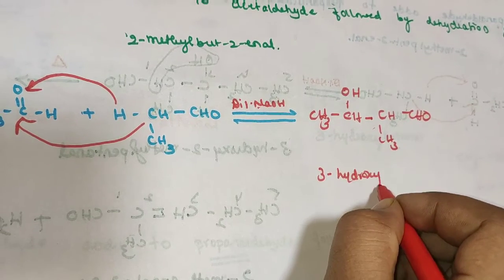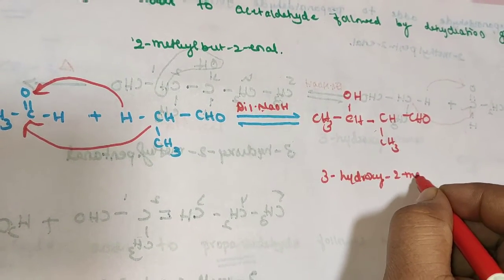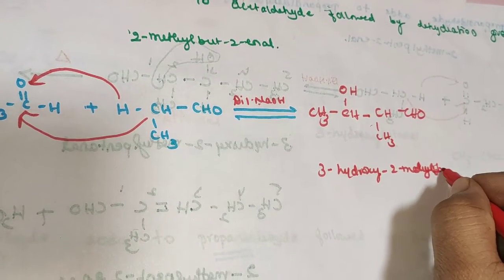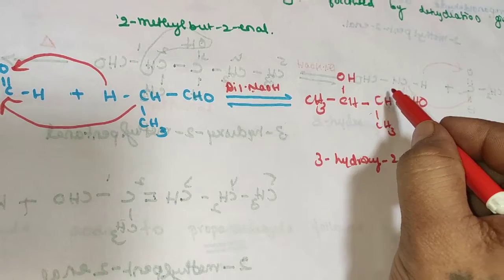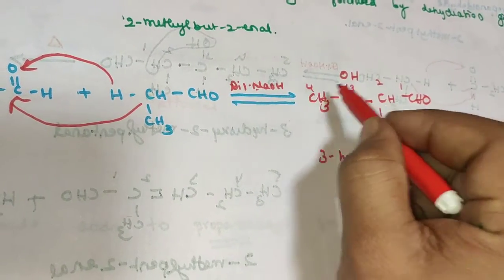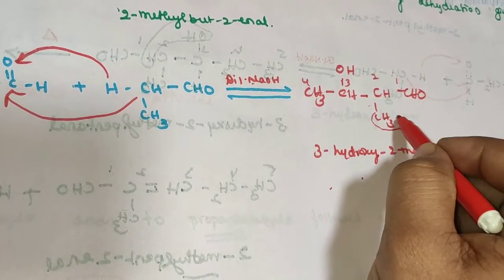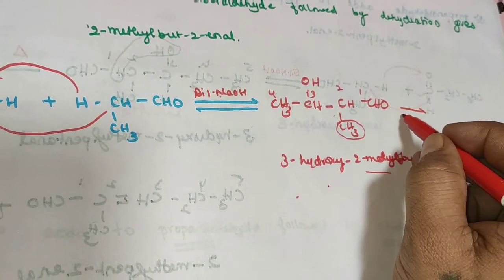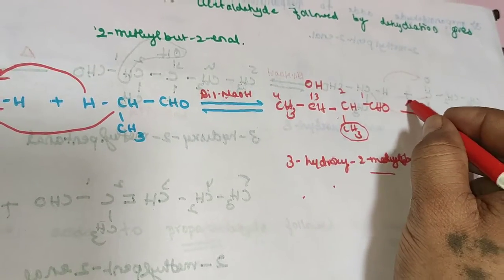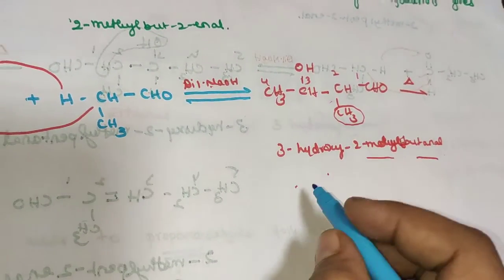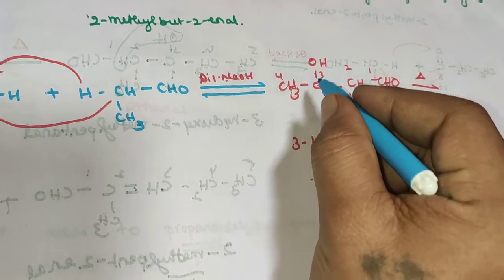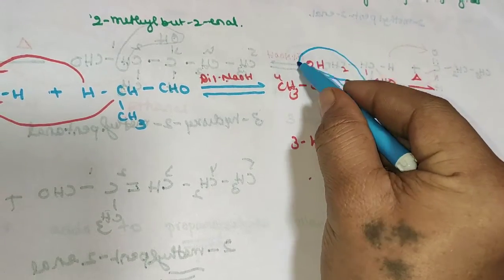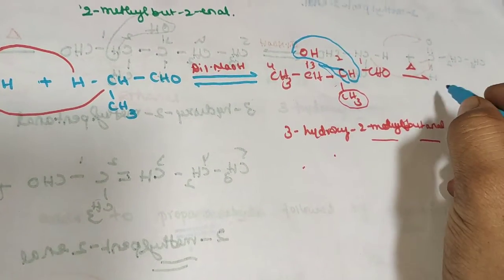So this is known as 3-hydroxy 2-methyl butanal, because 1 2 3 4, 3-hydroxy, and the second position has a methyl group, so 2-methyl butanal. Whenever heating is applied to this product, the final product we get is from the dehydration process, so OH and H are eliminated in the formation of H2O.